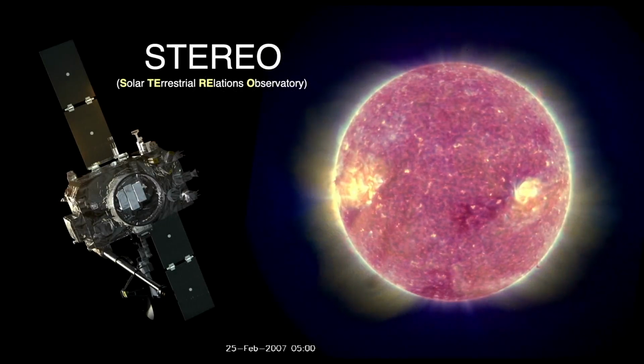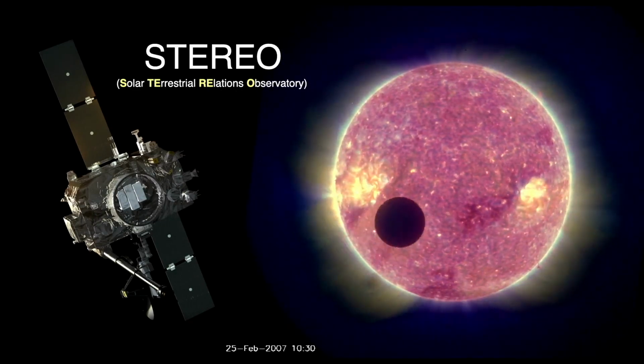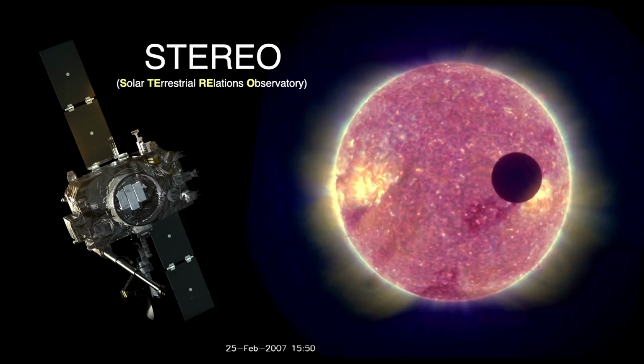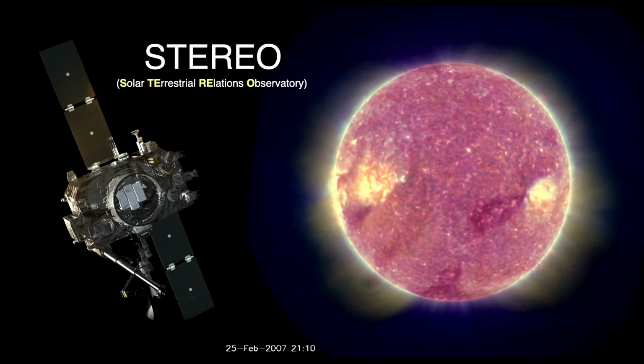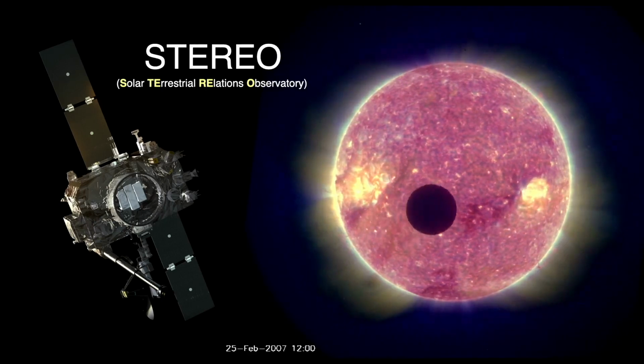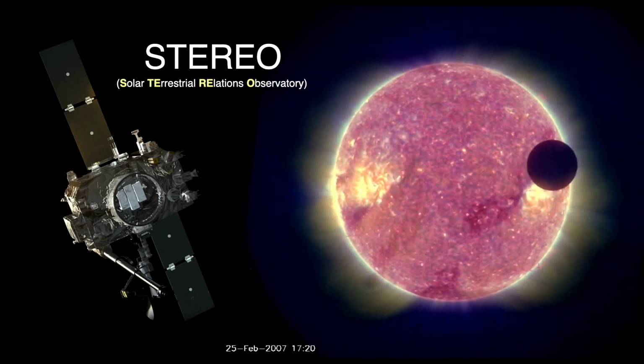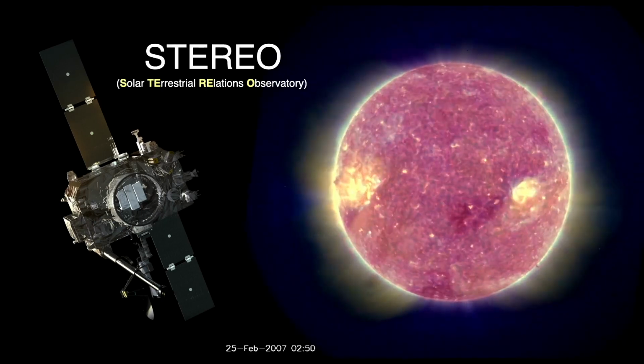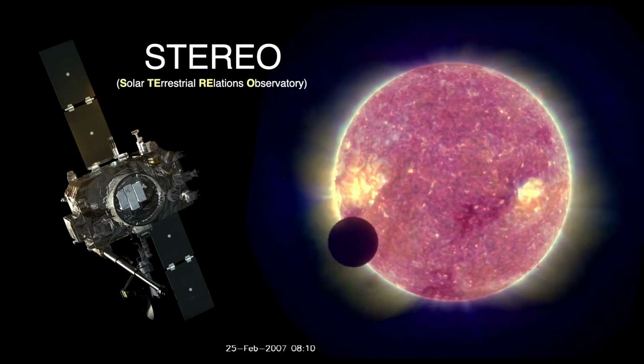This is a somewhat extreme eclipse of the sun. It was caught by the Stereo spacecraft, which trails the Earth in our orbit. The spacecraft was about 1 million miles from Earth, so the moon looks much smaller compared to the sun. I suppose one could call this an annular eclipse.